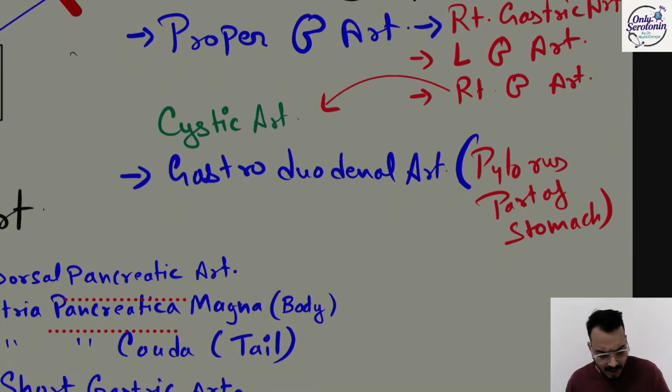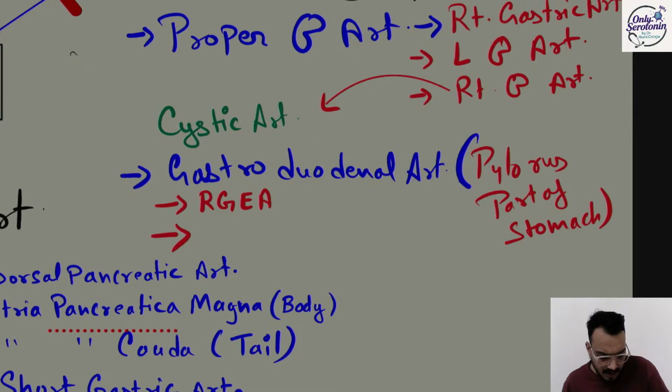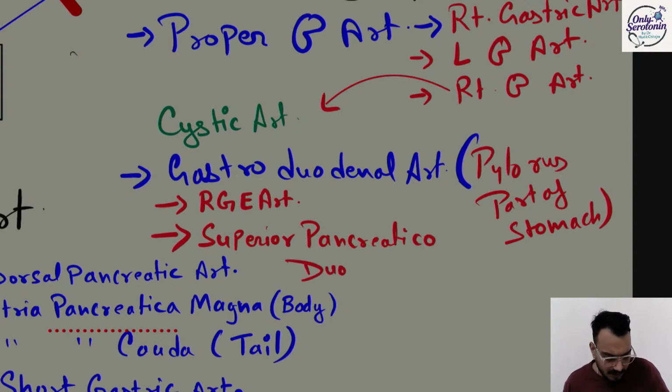What about gastroduodenal artery? Gastroduodenal artery is going to give me two branches. What are the names of these two branches, guys? First of all, it is my right gastroepiploic artery, and I am having superior pancreaticoduodenal artery.